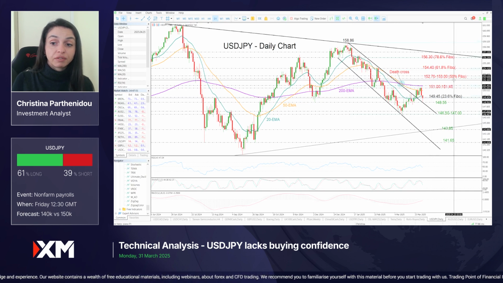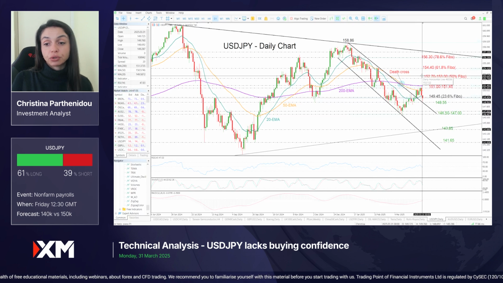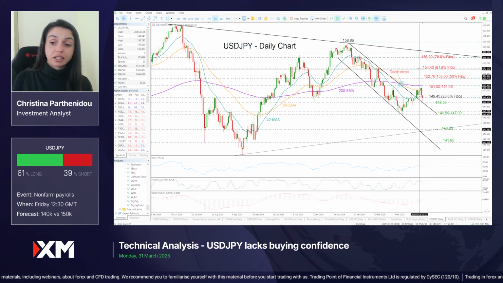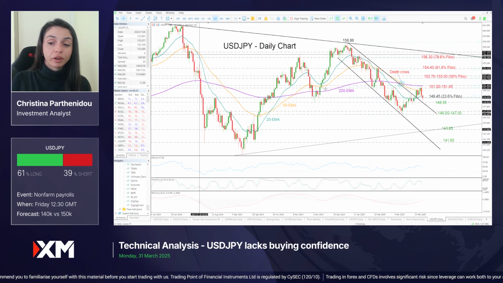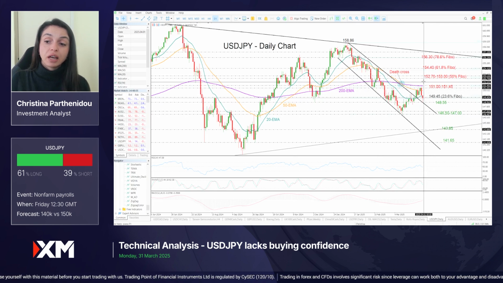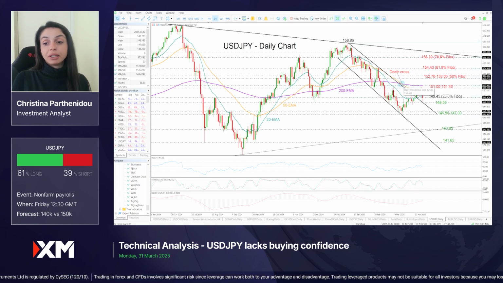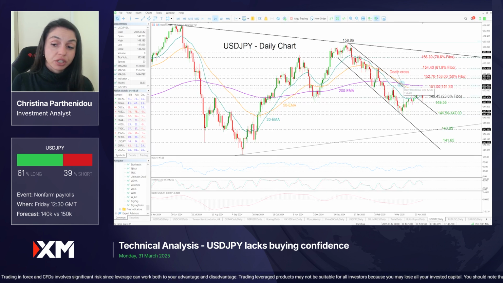The 50% Fibonacci mark is placed here as well, so a successful penetration higher may take us towards the next Fibonacci level of 154.40. But let's see whether the price will manage to achieve a bullish trend reversal, as the death cross between the 50 and 200-day exponential moving averages is currently keeping hopes low about a bullish trend reversal.